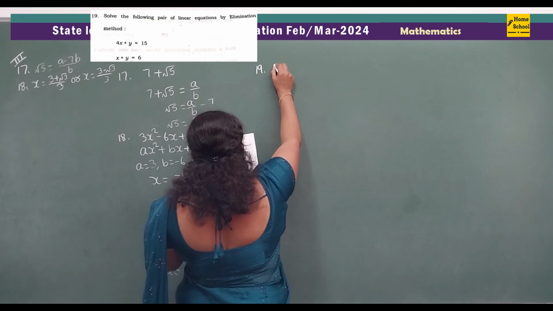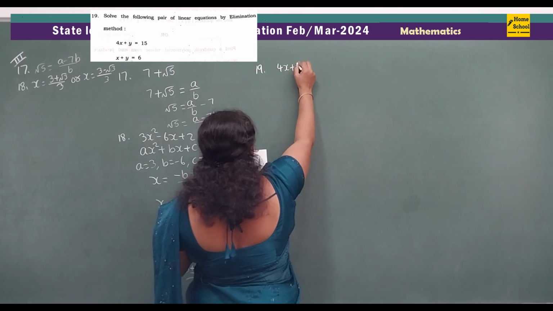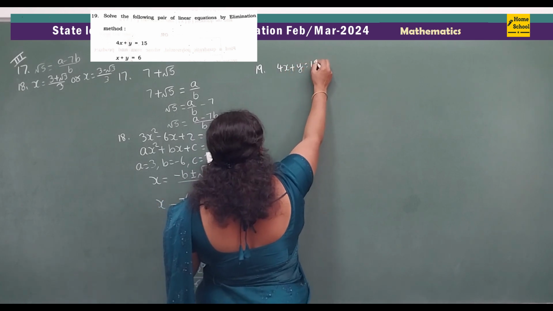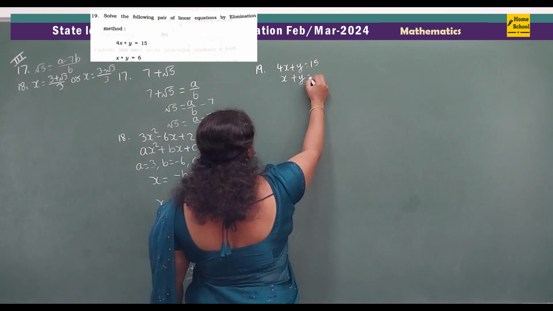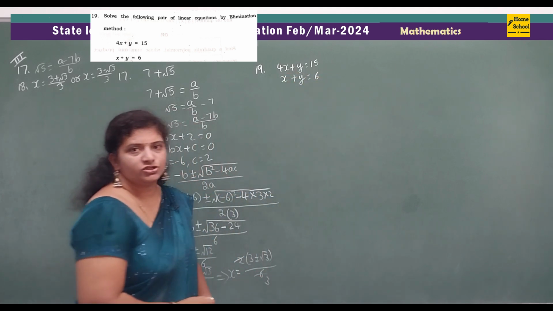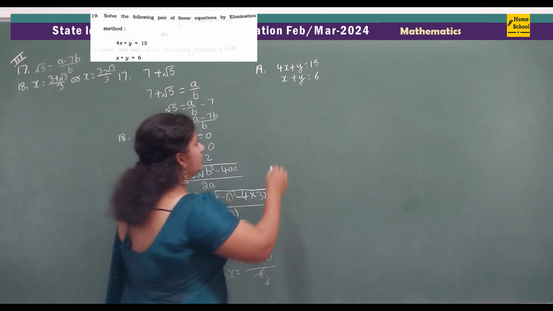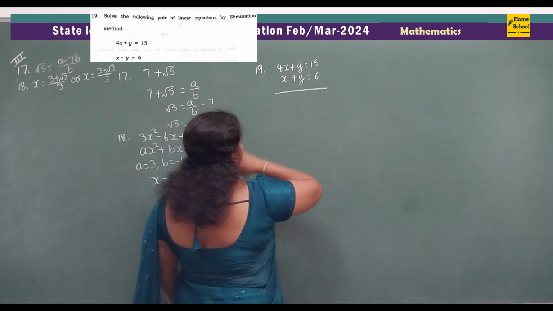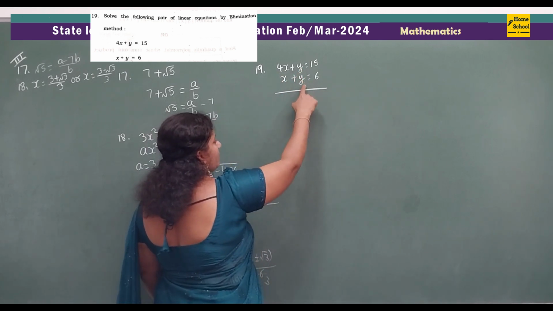19th one. Solve the following pair of linear equations by elimination method. 4x plus y is equal to 15 and x plus y is equal to 6. Solve these equations using elimination method. So, observe the variables here, 4x and x, and here plus y.